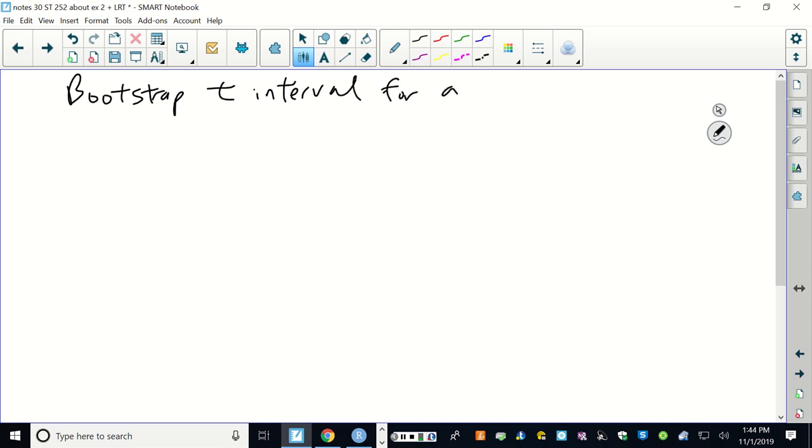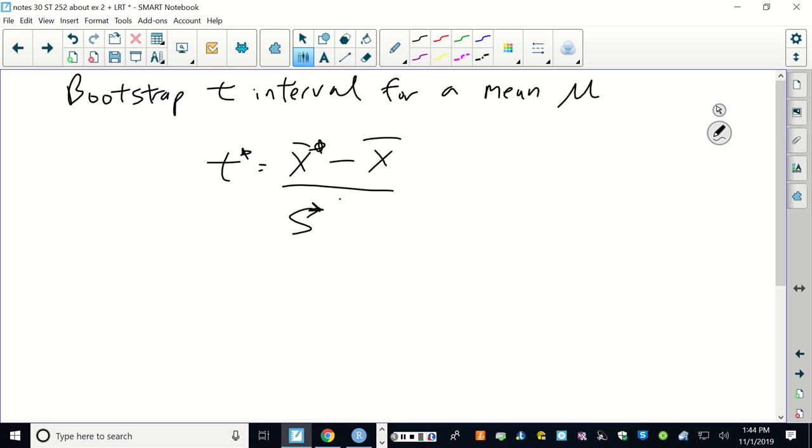And let's think about, we can focus on just a single mean. We talked about we could do bootstrap t for a bunch of different cases. Let's just think about one mean, right? And in this case, we bootstrapped a statistic. We bootstrapped the t statistic. We took bootstrap samples and compared the sample value in our bootstrap mean sample to the original sample, and then divided it by this.